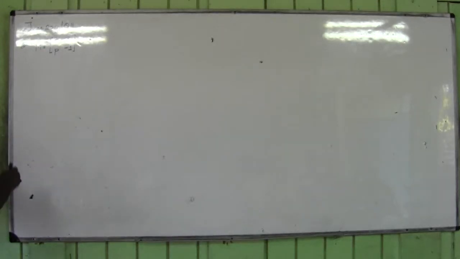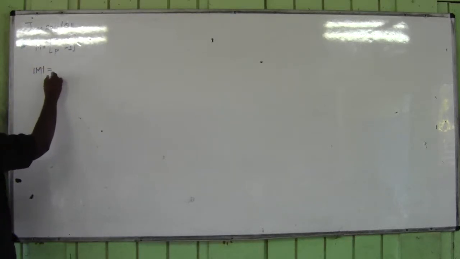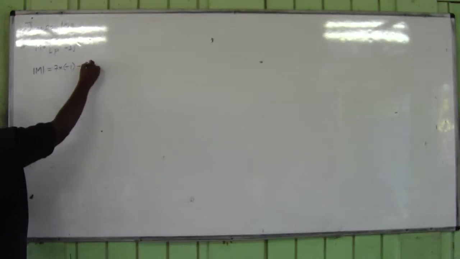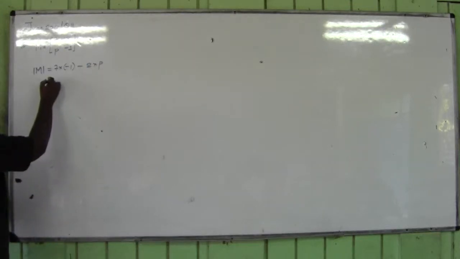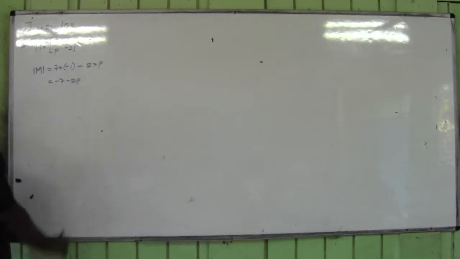So let us find the determinant of M. The determinant of M would be 7 times minus 2, minus 1 times 2P. This is equal to minus 7 minus 2P.